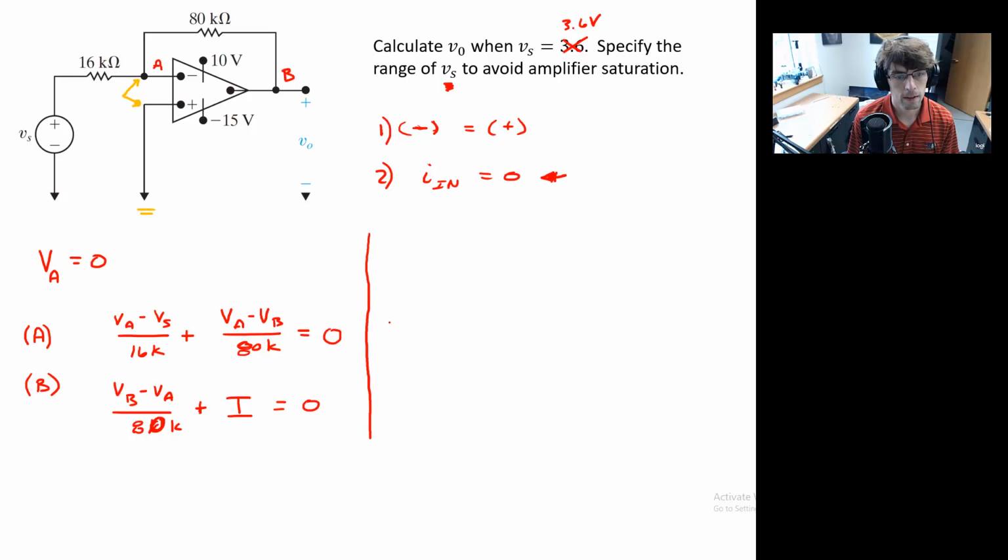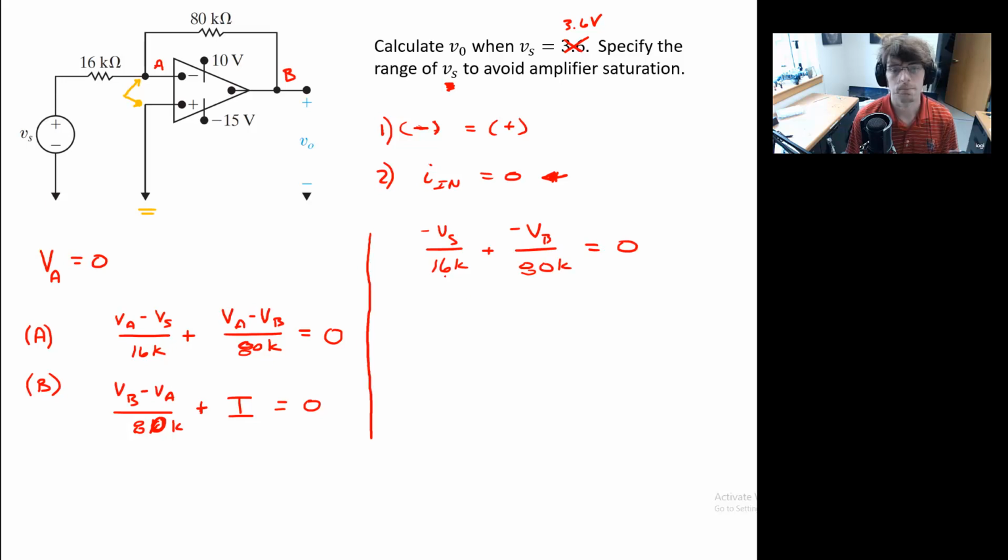Okay. So what do I get? Well, I'll go ahead and use this middle equation to find VB. So I get negative VS over 16K plus negative VB over 80K equals 0.